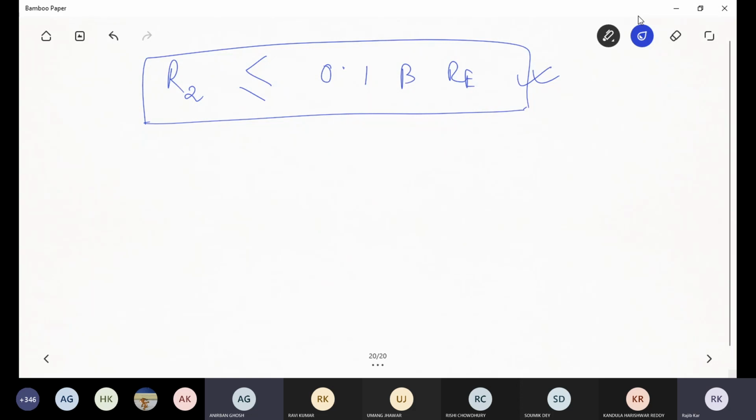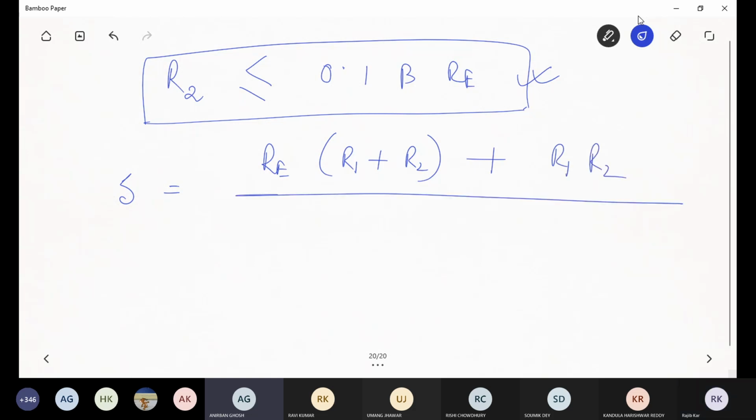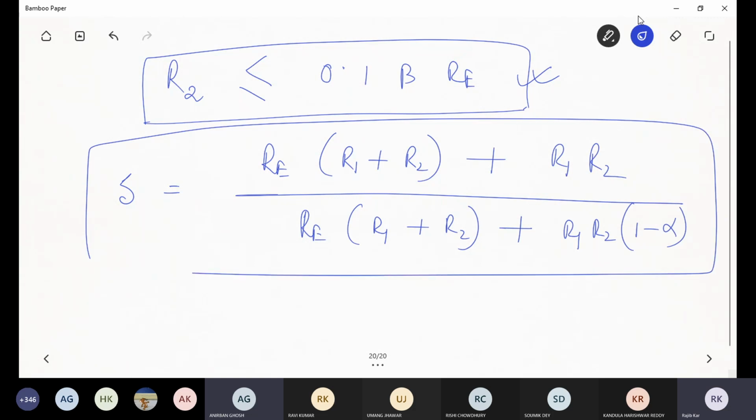And this is the stability factor expression for the potential divider or voltage divider bias circuit.